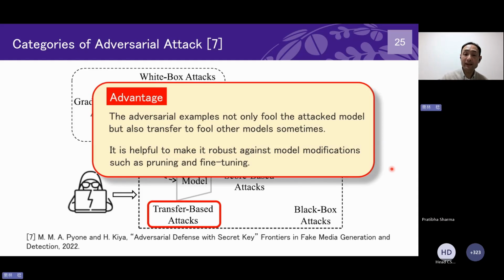So in the case of target and transfer-based attacks, the advantage is that the adversarial example not only fools the attacked model, but also sometimes transfers to fool other models. So it is helpful to make it robust against model modifications, such as pruning and fine-tuning.